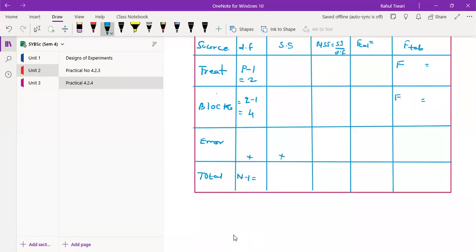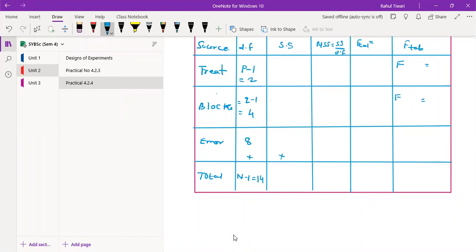This is 4. So total is 15. 15 minus 1 is 14. 14 minus 6, how much is it? 8. Right? 14 minus 6 becomes 8.